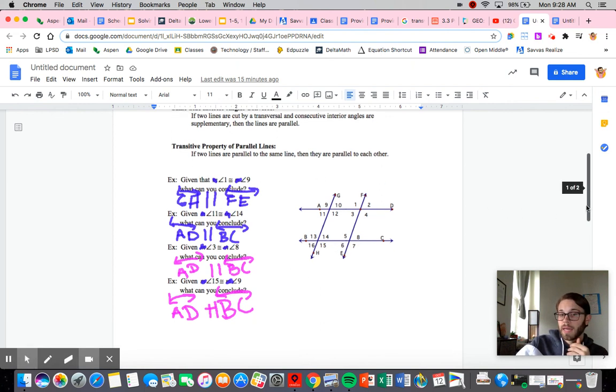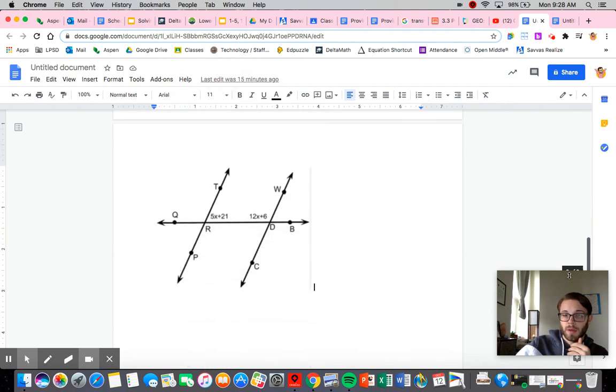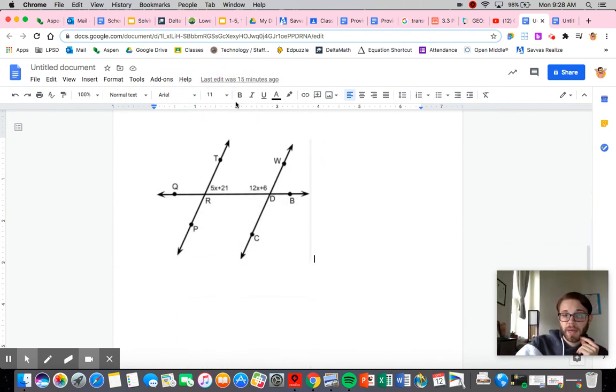All right, last thing I want to show you is another situation you could encounter, where we're not directly told if they are parallel. The problem for something like this would say, find x.